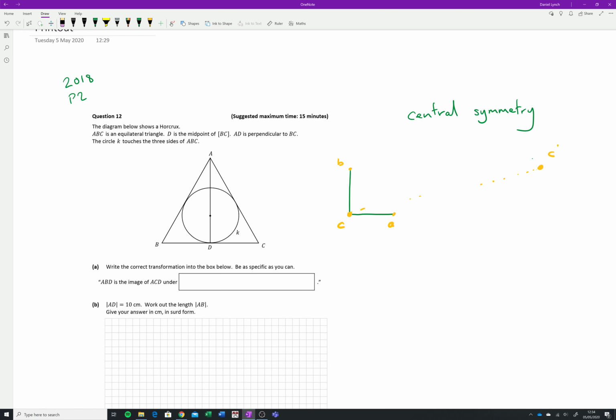Okay, let's look at a different type of symmetry. We'll look at axial symmetry. So this is symmetry through a line. We'll put the line there. It could be this line here if it wanted to be, but we'll just put it here for the time being. Okay, what is going to happen in this case? Well, A is going to go directly to the line.